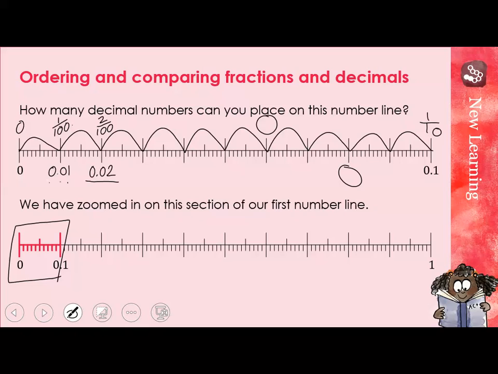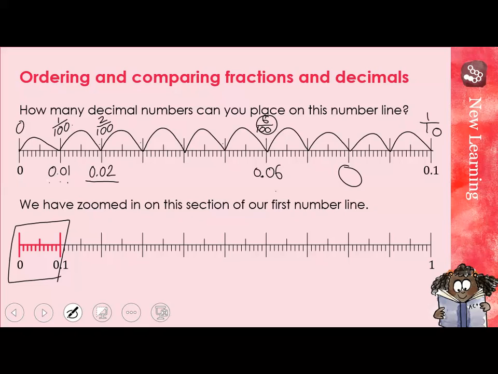Okay, welcome back. Hopefully you were able to identify that this is 1/100th, 2/100ths, 3/100ths, 4/100ths, 5/100ths, and 6/100ths would be here, which would be equal to 0.06.